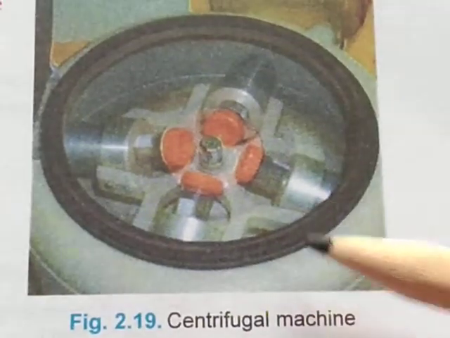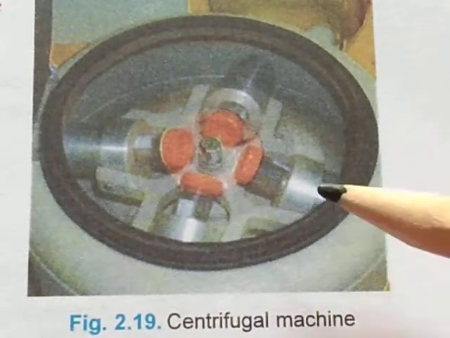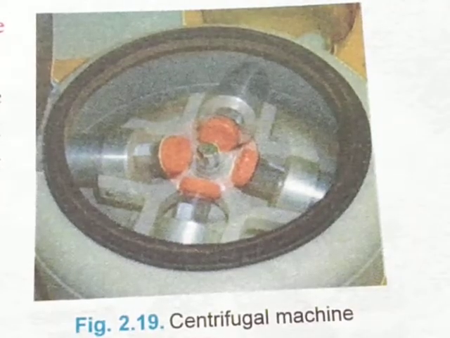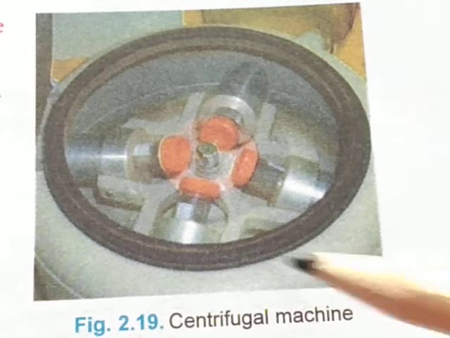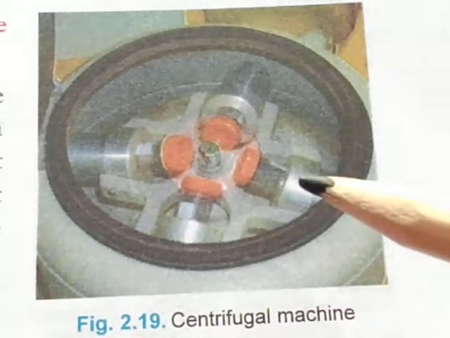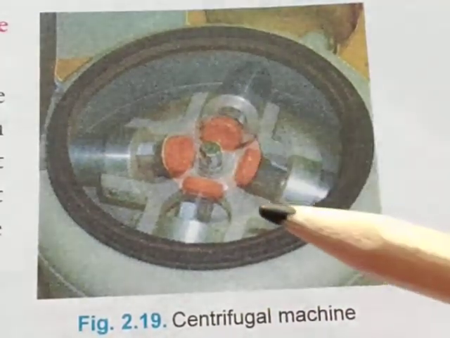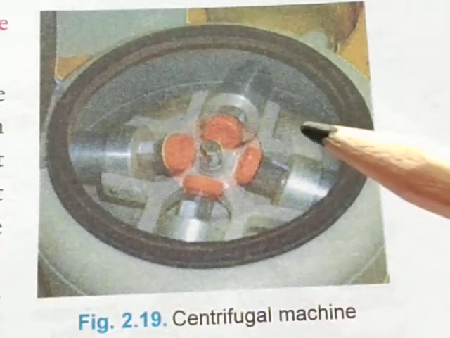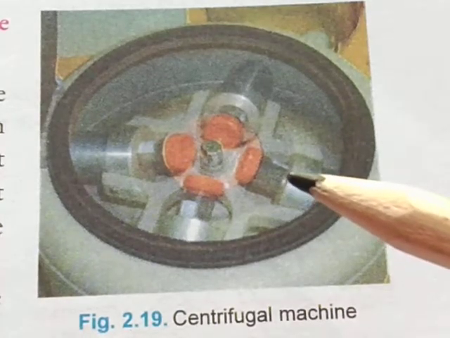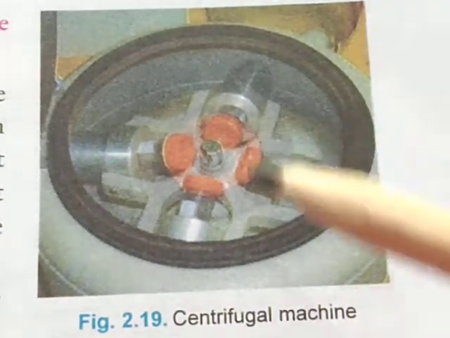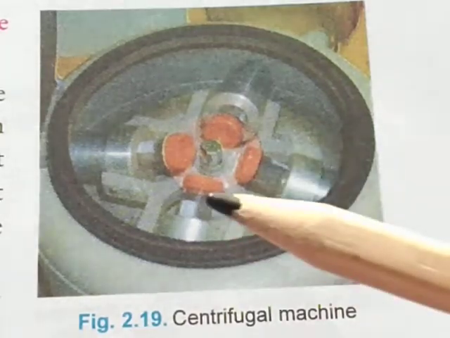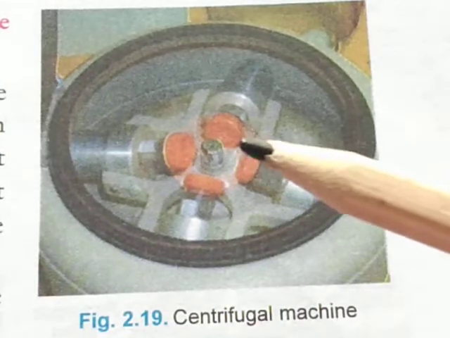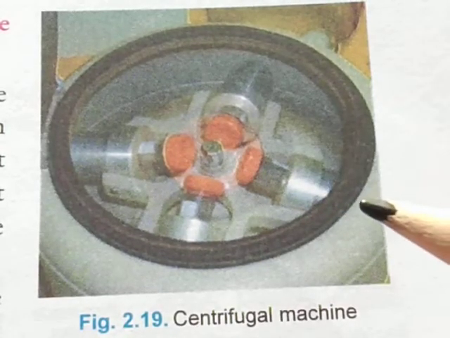What are the applications of centrifugation techniques? This method is used in diagnostic centers where tests are performed, like blood tests, urine tests, etc. Second, this method is used in washing machines for washing dirty clothes.